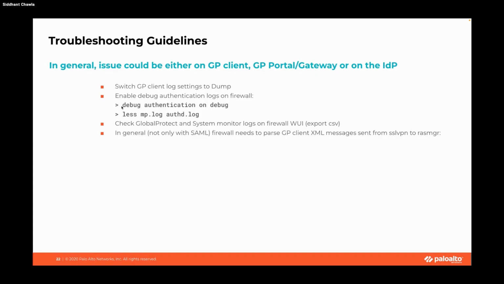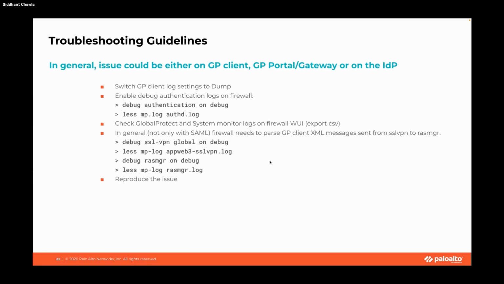So in general, not with SAML, the firewall needs to pass GP client XML messages sent for SSL VPN to RAS manager. So when you're unable to find information from the GP monitor or auth logs, you might have to get debugs on the SSL VPN log and RAS manager log.